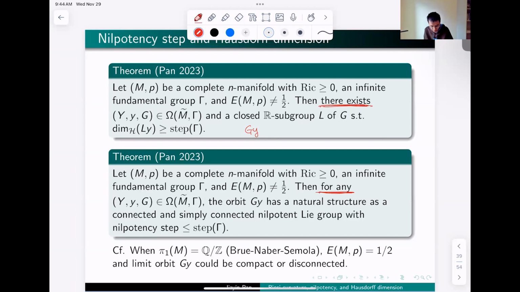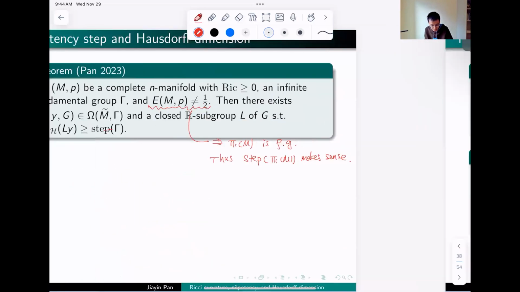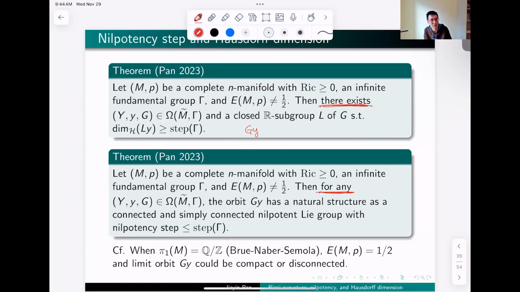So these two results combined, you can see these as a generalization of the closed case, where you have a closed manifold with a virtually nilpotent fundamental group. Then there are really equalities between the step of G, the step of gamma, and the Hausdorff dimension of some R orbit. While here it becomes inequalities, and these inequalities are sharp.